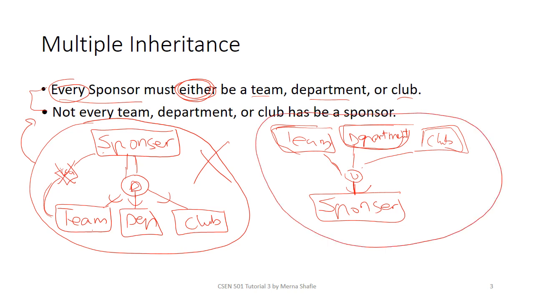Let's take a look at this picture and also read the two statements. What does it say? Every sponsor must either be, so I have the union, must either be a team, department, or a club. And not every team, department, or club has to be a sponsor. So I have the partial relationship because not everything from the superclass belongs to this subclass. Now, the two statements are correct.